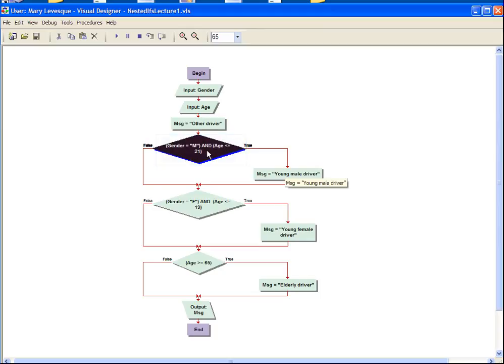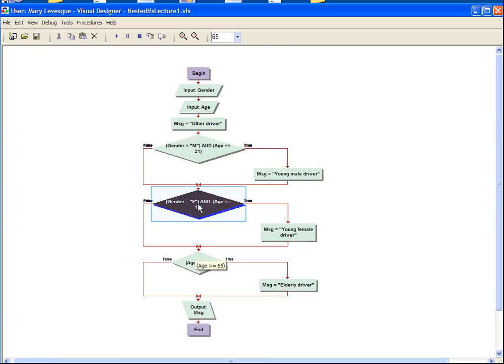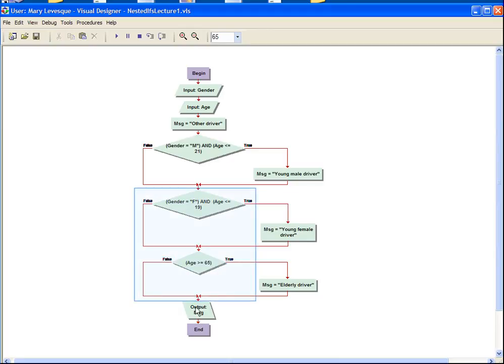The condition is true. A male at age 16 would take the true side. But now what happens? Gender equals F? No, so we're going to take the false side. Age greater than or equal to 65? No, so we take the false side. So the net result is that there were two extra ifs that the condition had to go through.